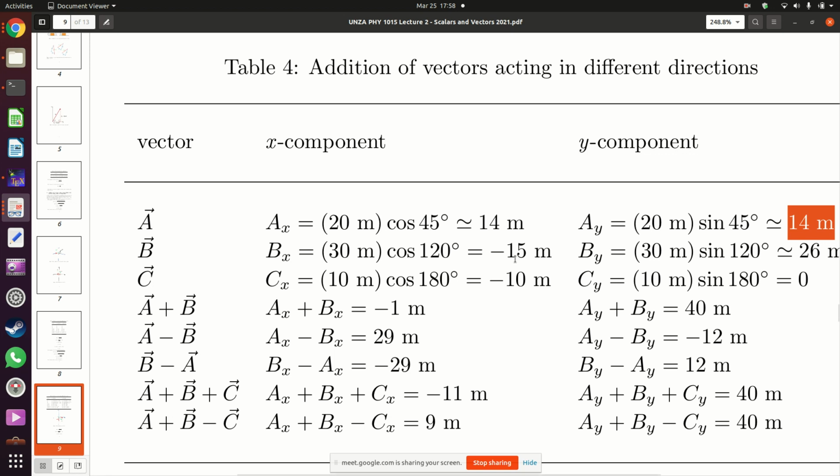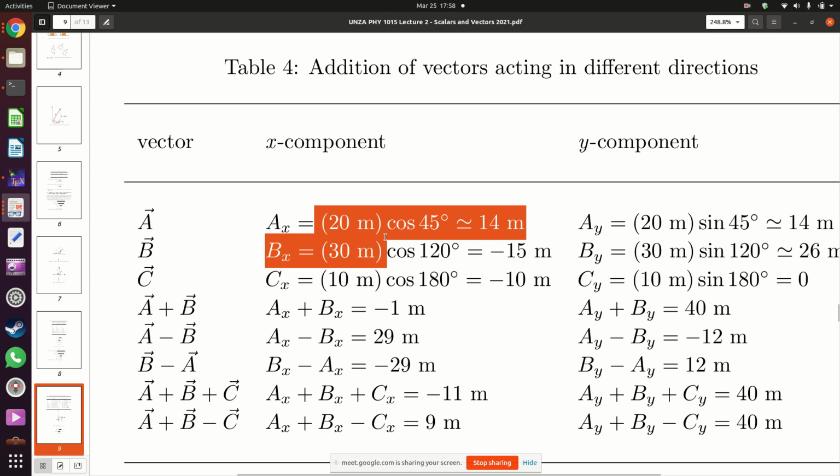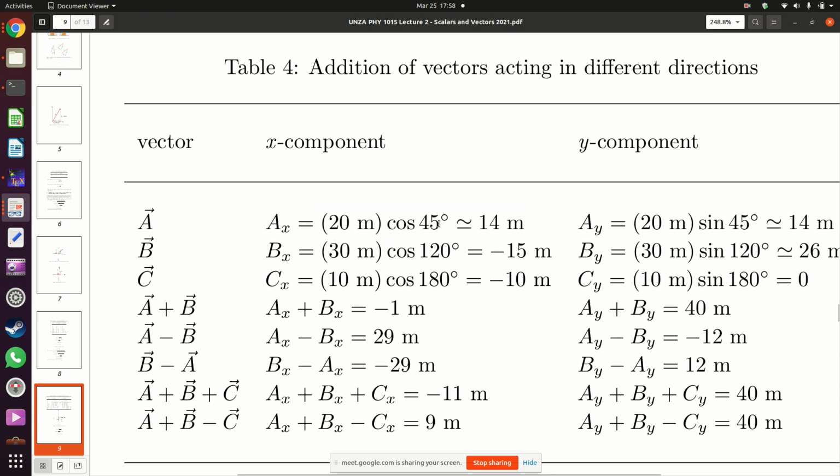Is it clear on how the components of A are worked out and what they mean? Please repeat your explanation. Would you please repeat how we work them out? Are you seeing what I'm saying? Yes. 20 meters times cos 45 degrees.